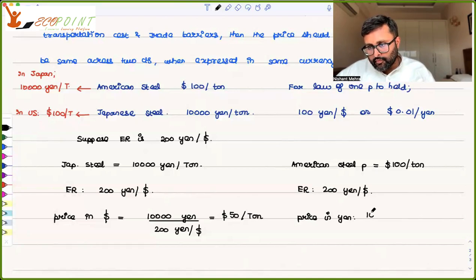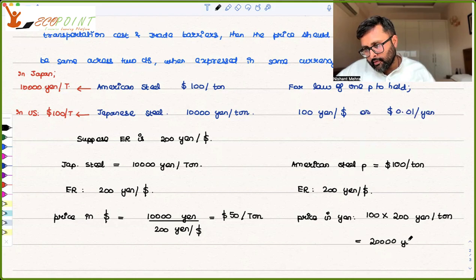The price of American steel in yen is going to be 20,000 yen per ton.